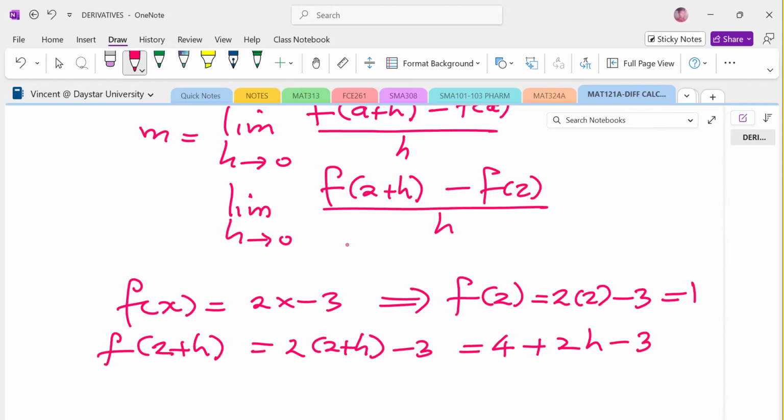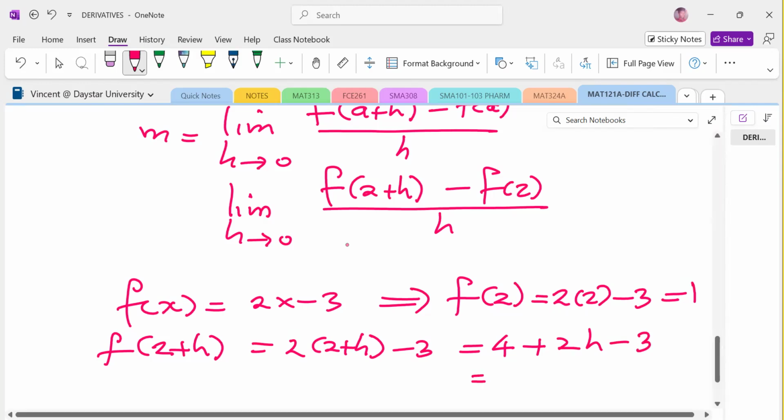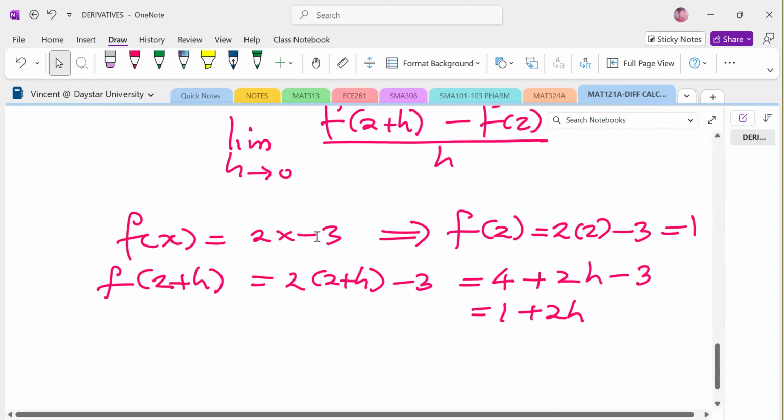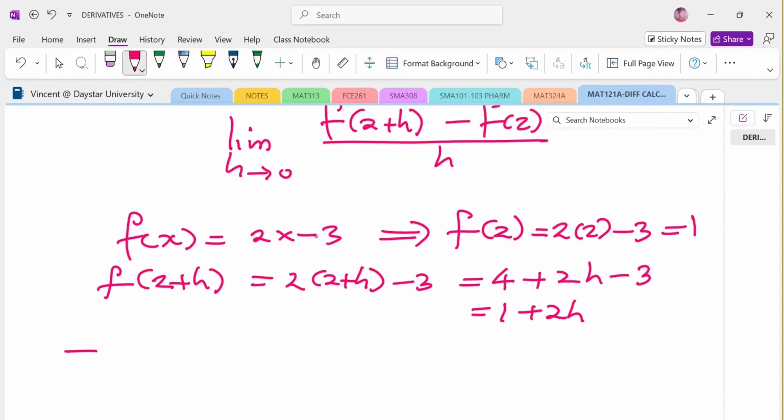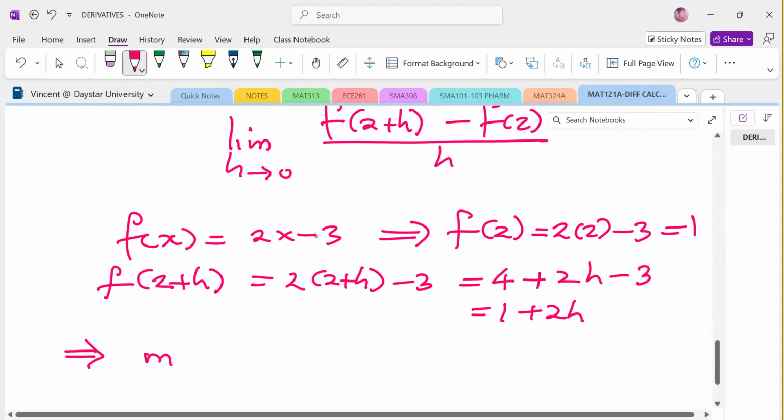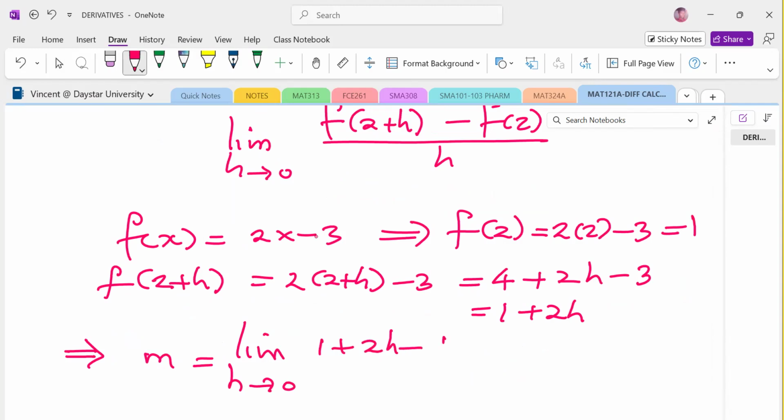And 4 minus 3 is 1, so the same as 1 plus 2h. So your slope will be limit as h approaches 0 of f of 2 plus h, which is 1 plus 2h, minus f of 2, which is 1, divided by h.